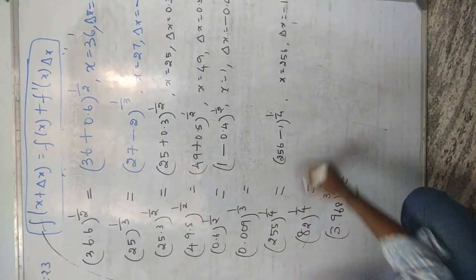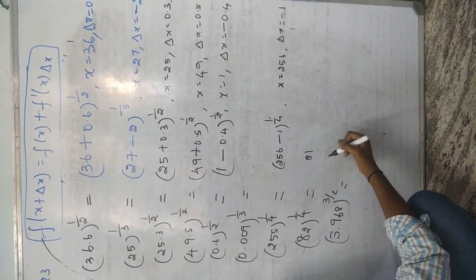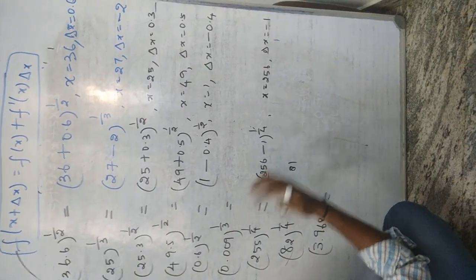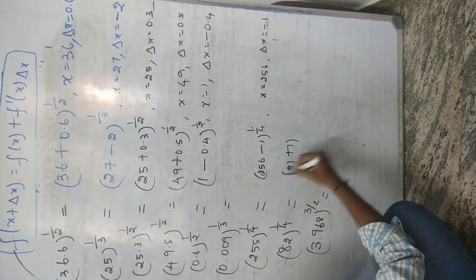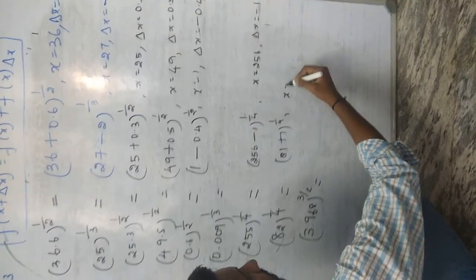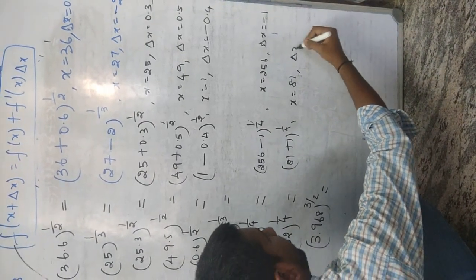For 82, the fourth root: 81 has one, 3 into 3 into 3 into 3, 4 times, 81 plus 1 power 1 by 4. So x equal to 81 and delta x equal to 1.